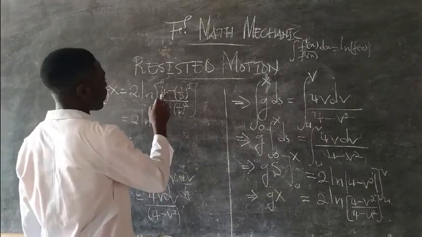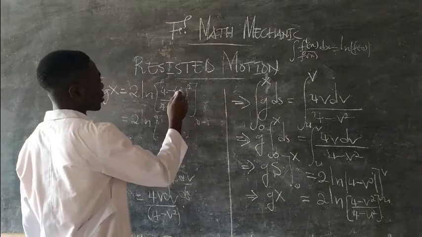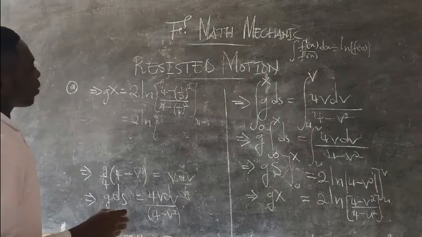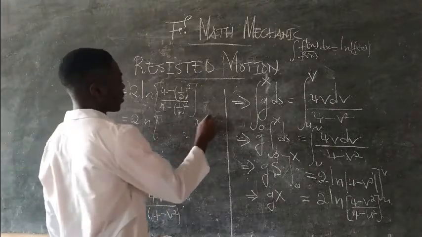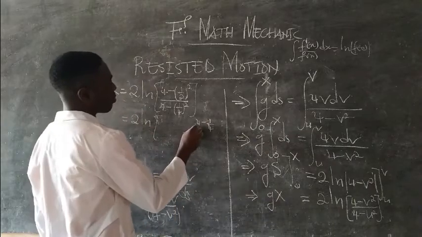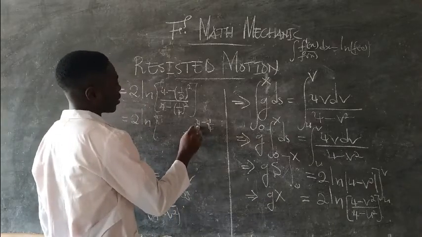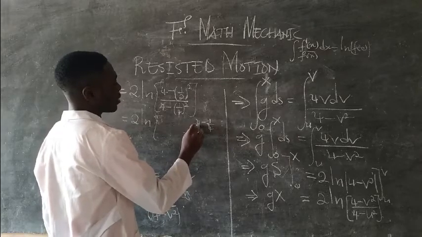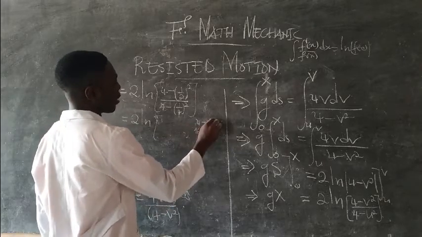So this one gives me 4 minus half squared, which will give me 4 minus 1/4, which will give me 16 minus 1.